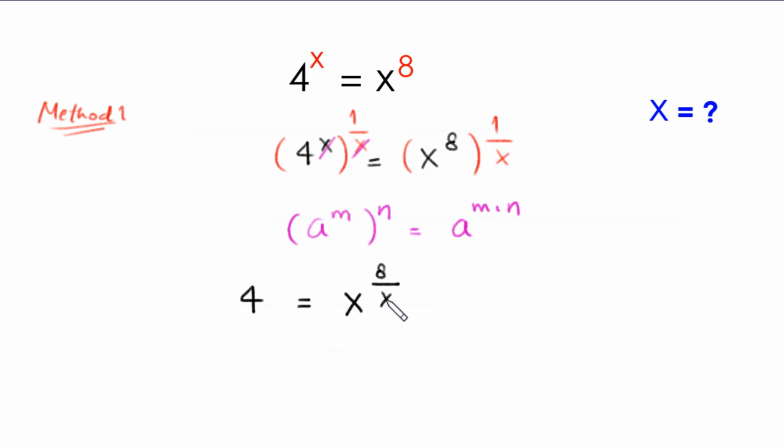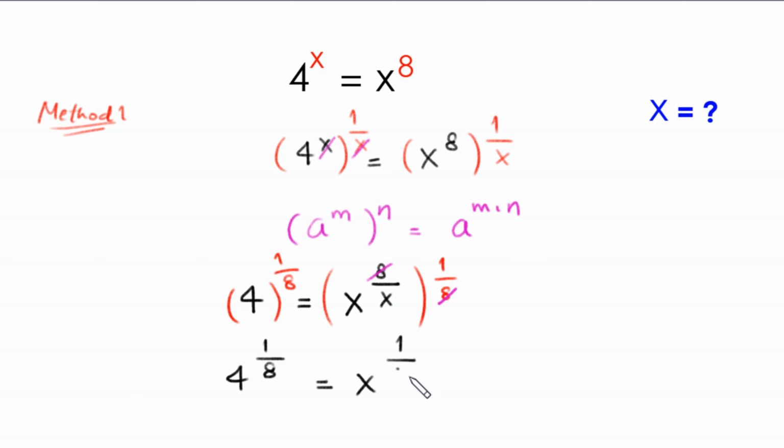Now from here we take power 1 over 8 on both sides. At left hand side we take power 1 over 8. So again, by using this property, this 8 will be cancelled out with this 8, and this will become 4 to the power 1 over 8 is equal to x to the power 1 over x.